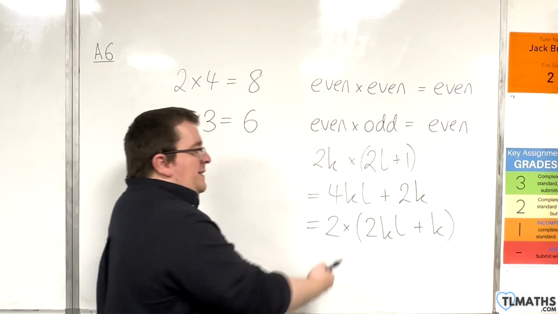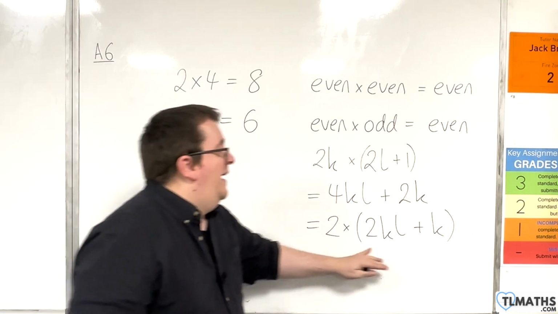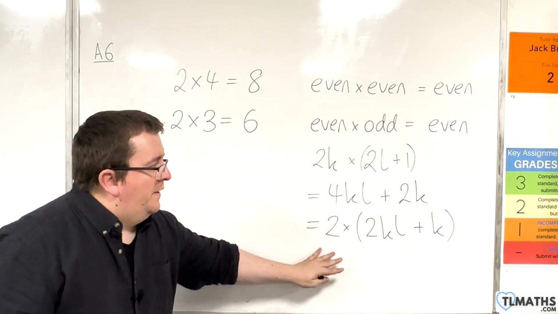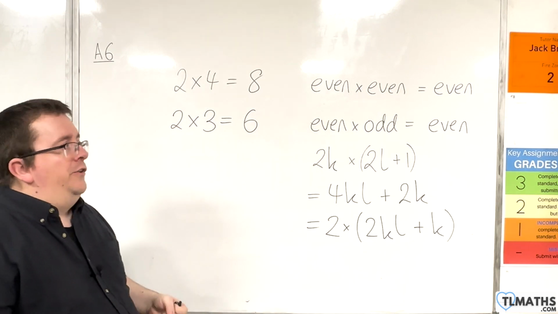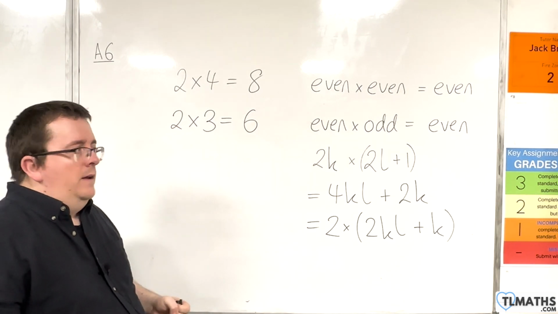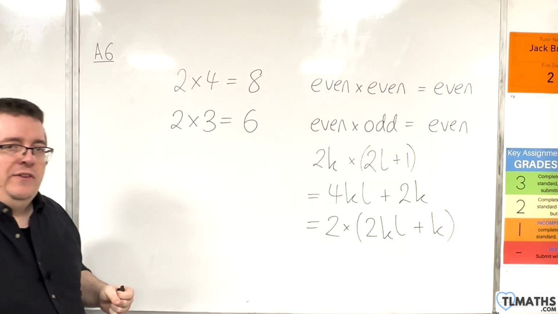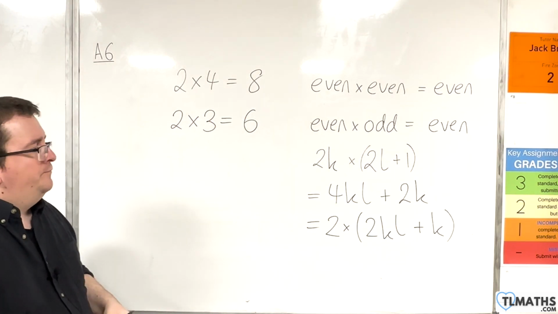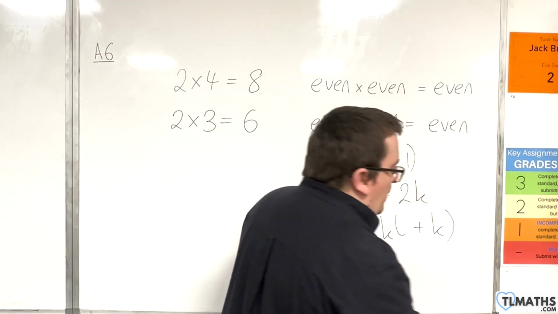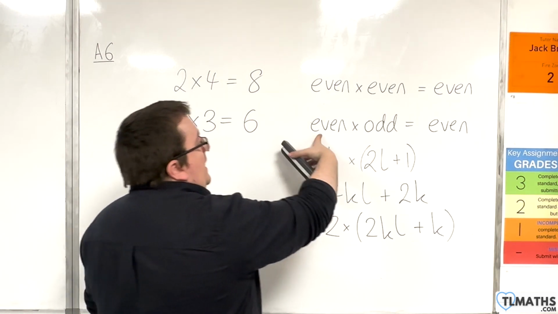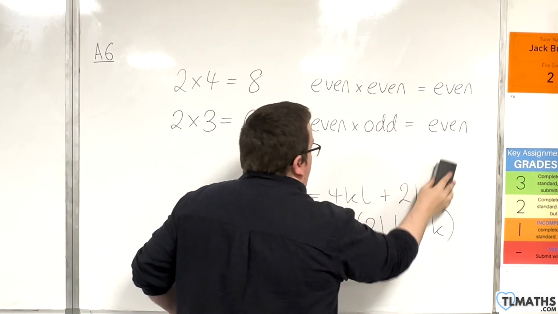And because I factored out 2, I know that this has to be even. So that is proving that an even times an odd has to be even. And of course, you can flip it around the other way and do odd times even is even, and we get the same thing. Okay, so we've proved that an even times an odd is an even number.